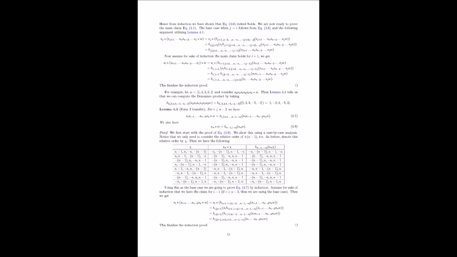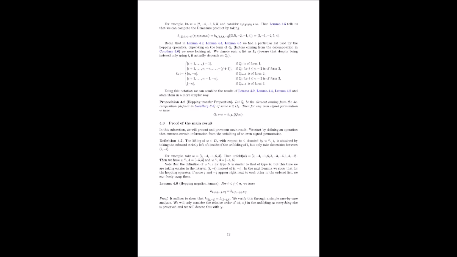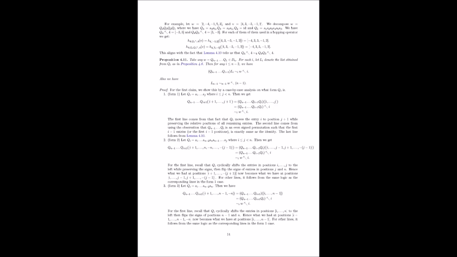What was their approach? So to get around this, they introduce what's called maximal parabolic decomposition for type D. So we're breaking down these type D elements into smaller, simpler pieces. Exactly. And they define 4 specific forms for the elements in this decomposition, labeled 0 through 3. And they give concrete examples of how each of these forms act on the right of an even-signed permutation.